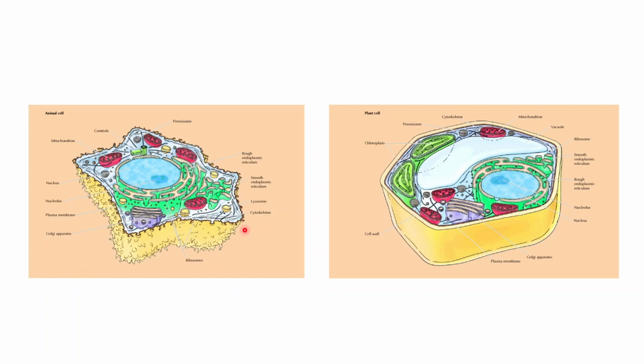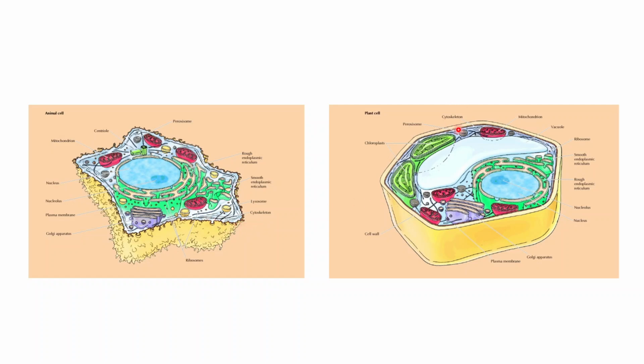And very importantly, the cytoskeleton, which includes your microtubules, actin, and intermediate filaments. These are very, very important for not just maintaining the shape of the cell, but also how the cell is able to interact with other cells, how it's able to move, how it's able to divide. All of this is facilitated by the cytoskeleton. So it's an extremely important part of the cell.